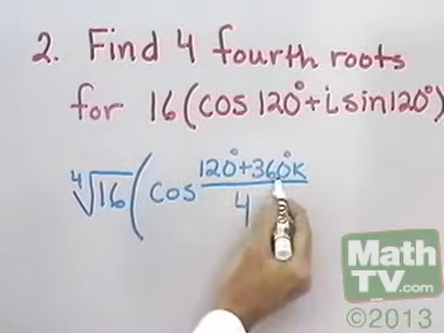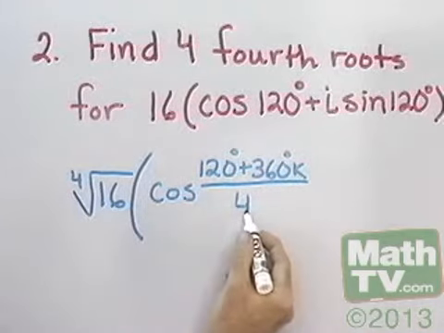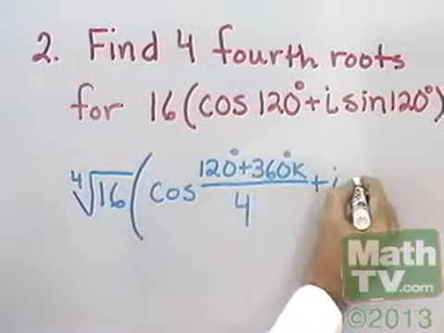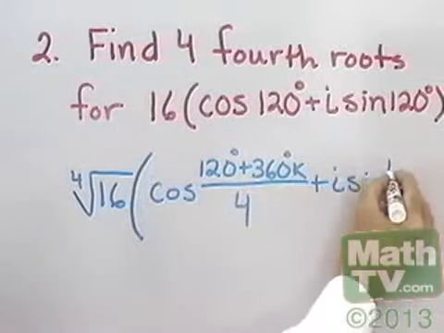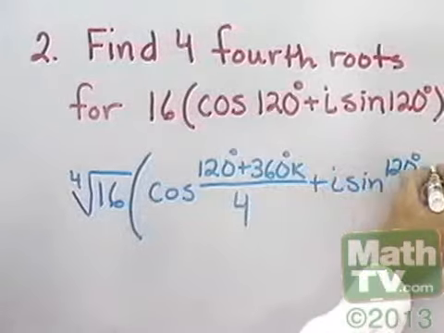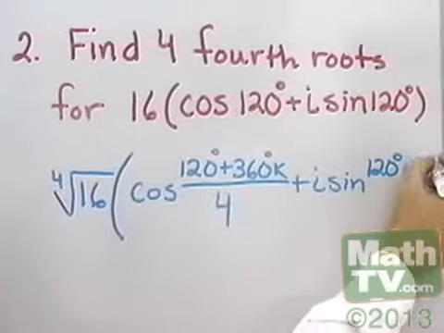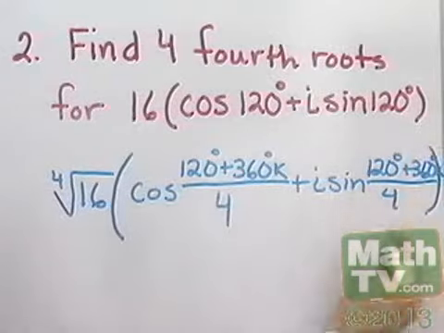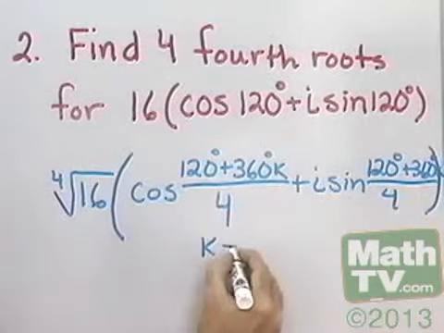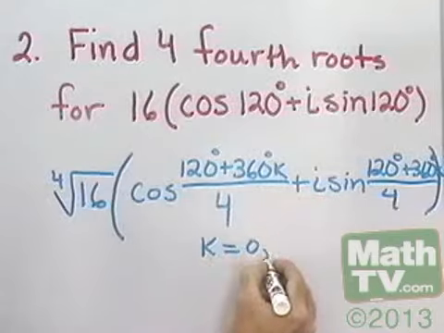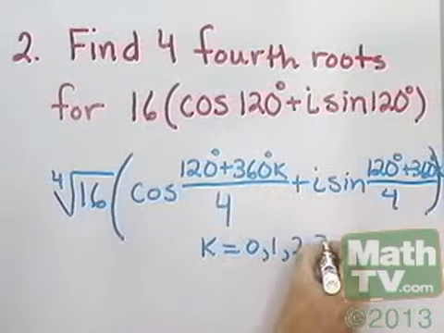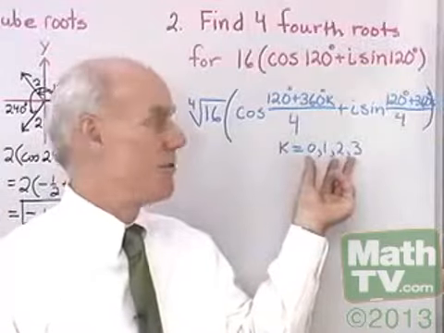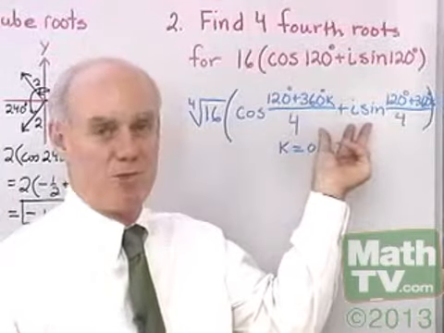So 120 degrees plus 360 times k divided by 4, because I want 4 fourth roots, plus i times the sine of the same thing, my original angle, plus multiples of the period, all divided by 4. And then I'm going to do this for k equal 0, 1, 2, 3. And so as I substitute these 4 numbers in for k, I'll get out my 4 fourth roots right here.